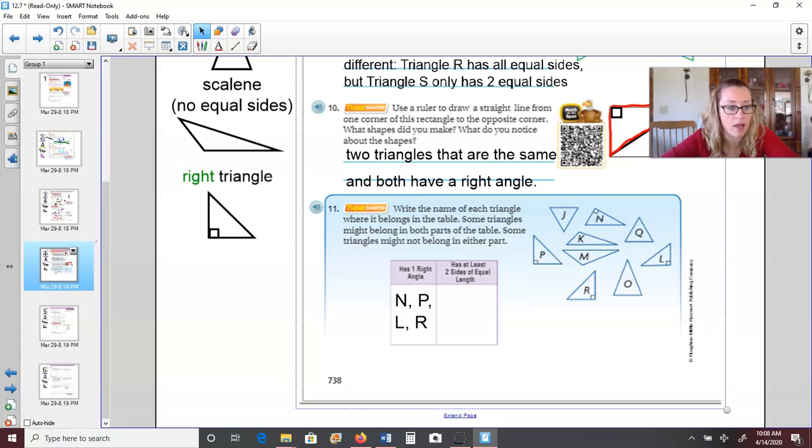And I knew that real quick because it had that little square corner telling me that it was a right angle. Now the harder part is going to be looking for the triangles that have at least two equal sides. So we're looking for triangles that have two equal sides or all three sides equal.